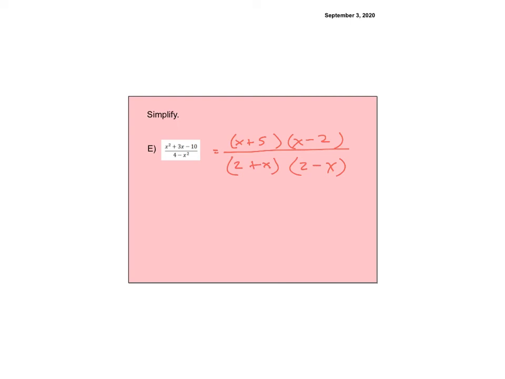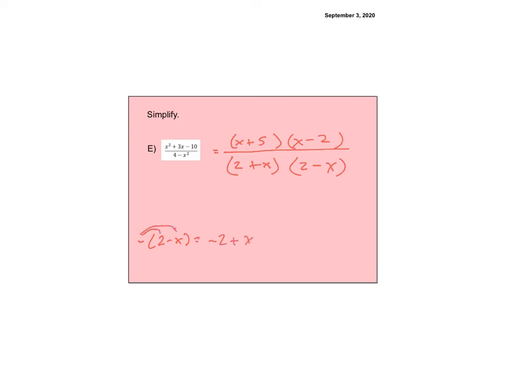Now notice we don't have anything that perfectly matches. But remember how this goes. That x minus 2 and that 2 minus x are almost identical, but they're a little bit off. If you were to take a negative and distribute it through a 2 minus x, you'd get a negative 2 plus x.